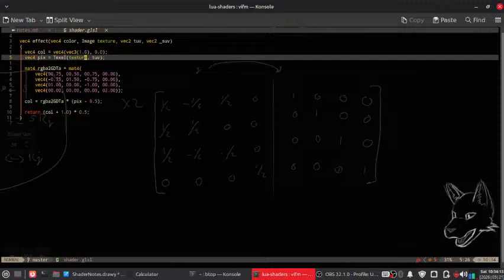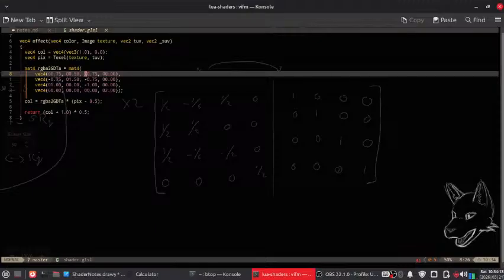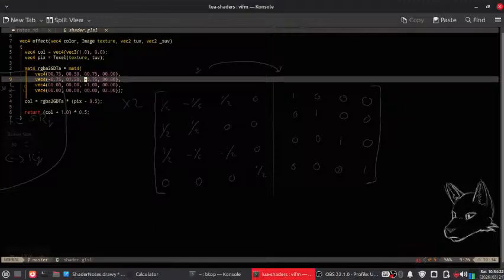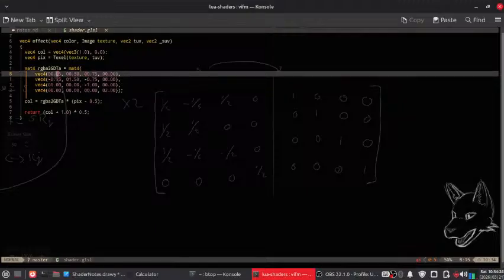I don't know why that got all messed up, because that left-hand side should translate fully here.